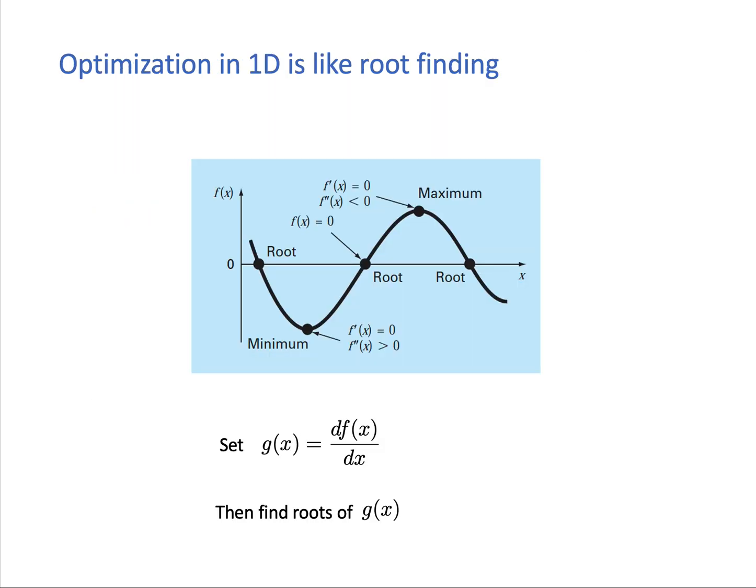So here's the good news, is that optimization in some ways is like root finding. And we already covered several algorithms for root finding, so you already know how to do this. Why is it the same as root finding? Because as we just defined, the minimum or maximum of a function can be defined as the location or the x-coordinate where the first derivative of that function is 0.